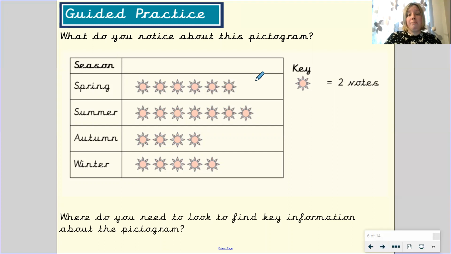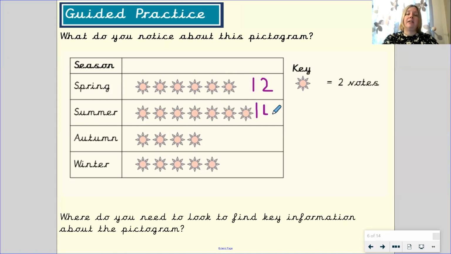So the total number of people that liked spring is 12. Let's count summer. Count in twos with me. 2, 4, 6, 8, 10, 12, 14. So the total number of people that liked summer were 14.